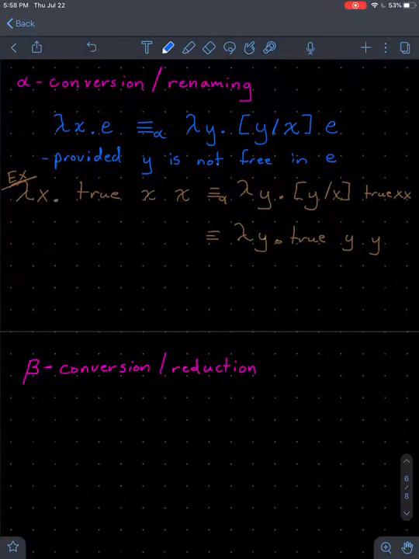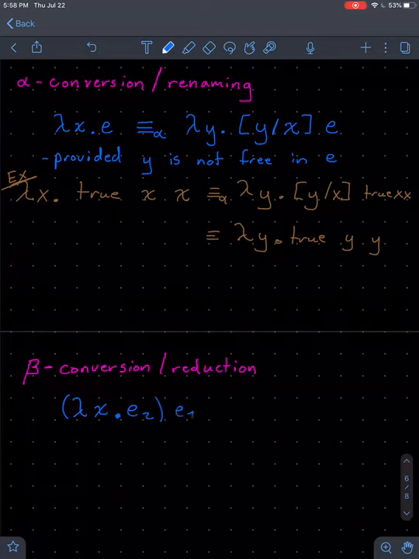So here we have lambda x dot E2 applied to E1 is equivalent, under beta, to E1 subbed in for X in E2. This is that substitution rule we were alluding to earlier. That's so important.